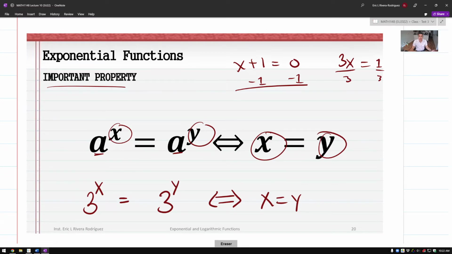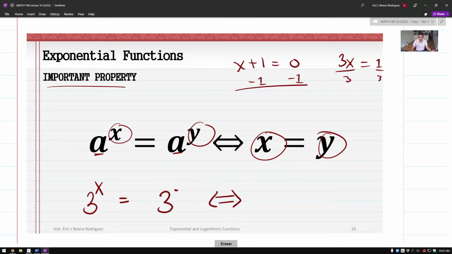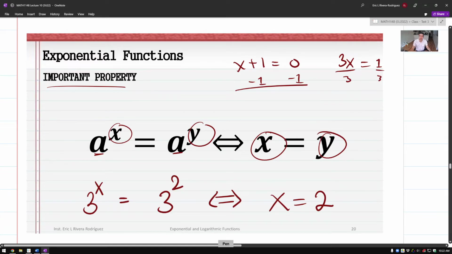Let me change y for 2. If I have 3 raised to the power of x equal to 3 to the power of 2, then we conclude that x is equal to 2. Okay?